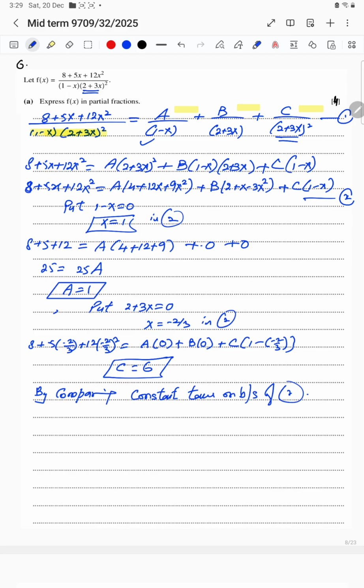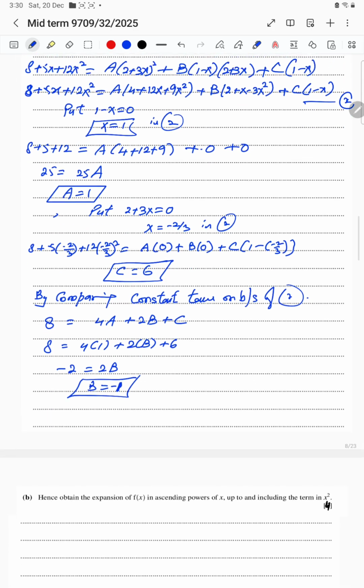I can compare the x square term, I can compare the x, I can compare the constant, choice is mine. So the constant term here I have 8 equal to 4a plus 2b plus c. So a and c I already have, 4 times 1 plus 2b plus 6, so minus 2 is equal to 2b, so b is equal to minus 1. So now I have all three constants a, b, c.